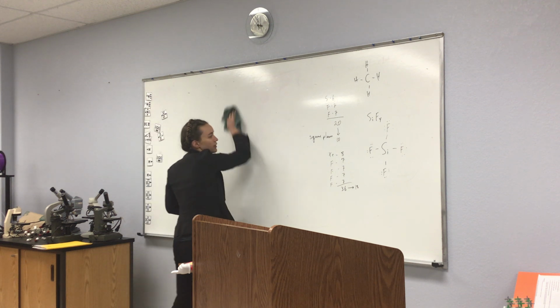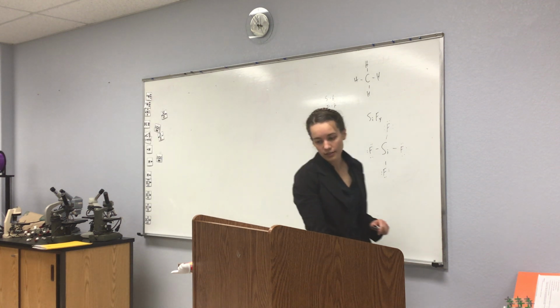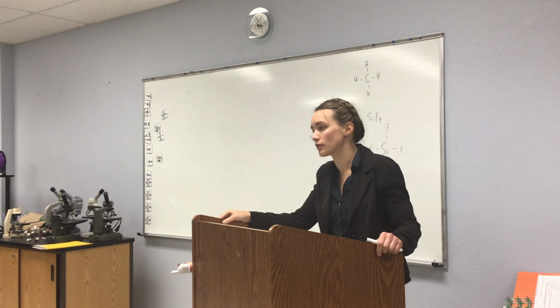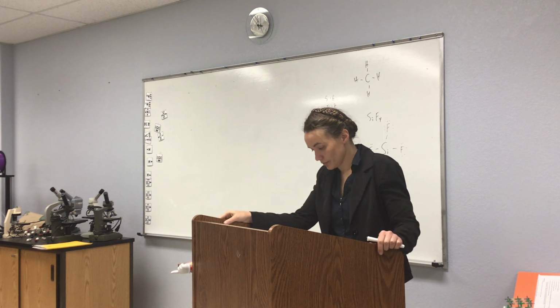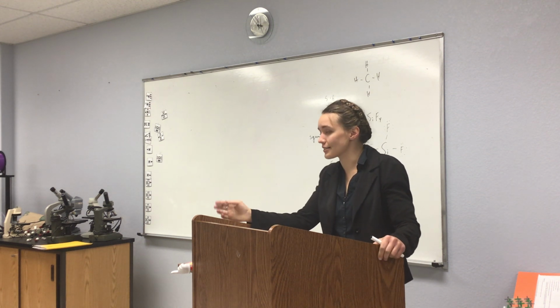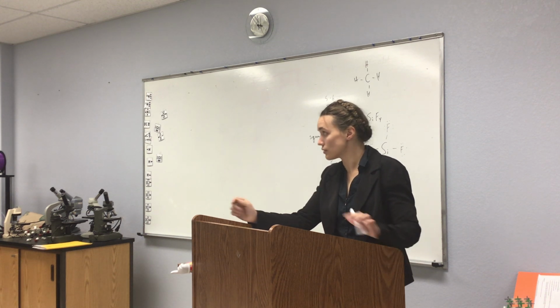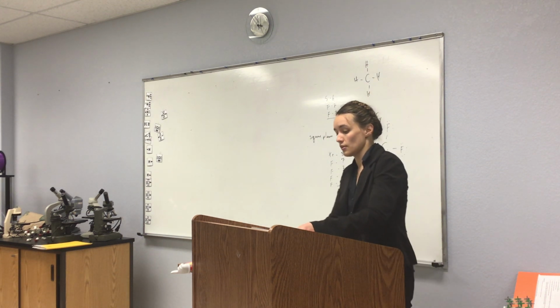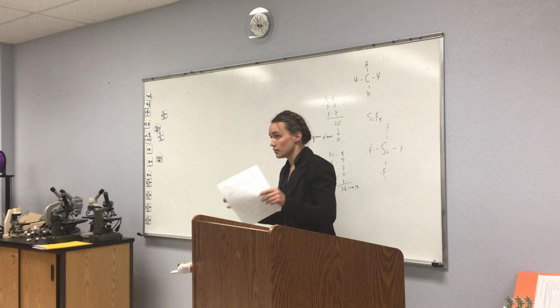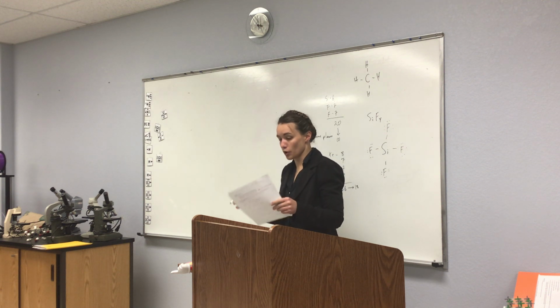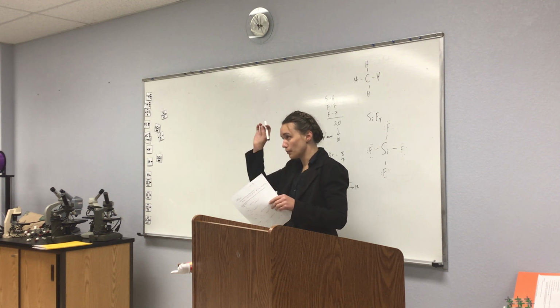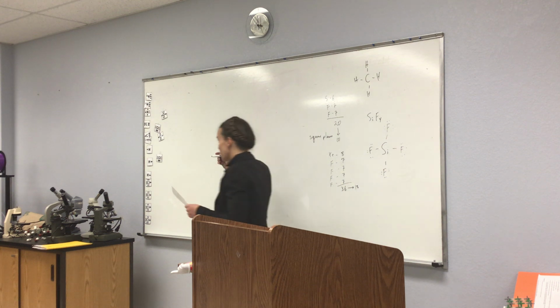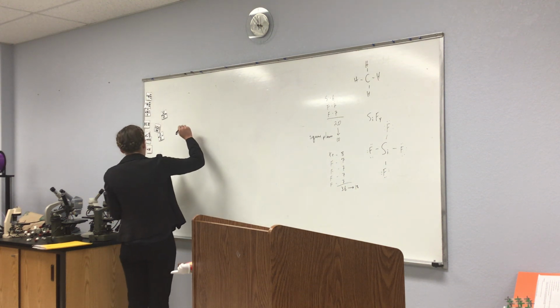Bromate. It's not going to be bromine trioxide. It's an ion. It says it's an ion because it has a little minus charge. BrO3 would be bromine trioxide. BrO3 minus is bromate.